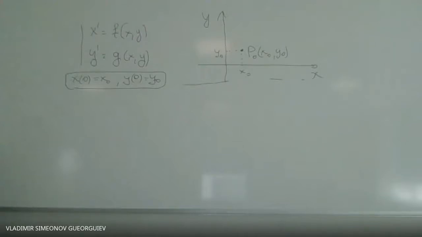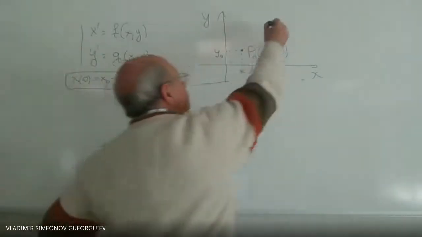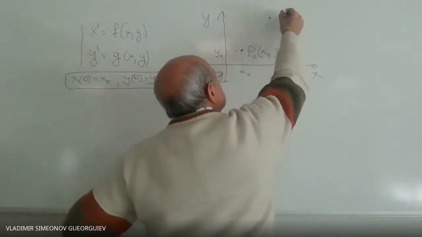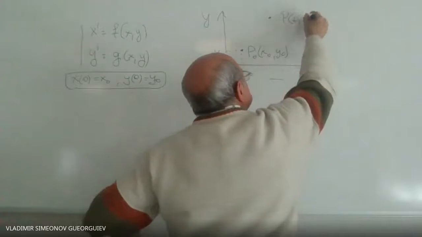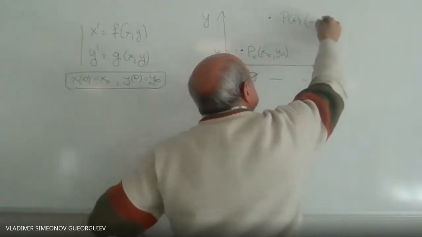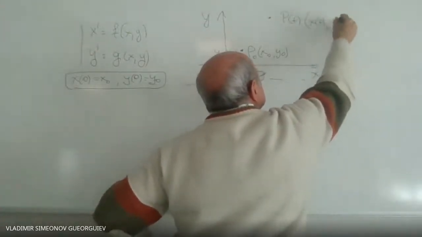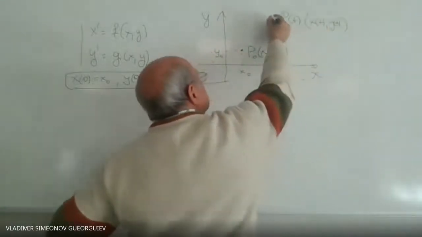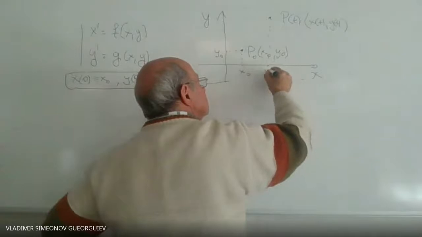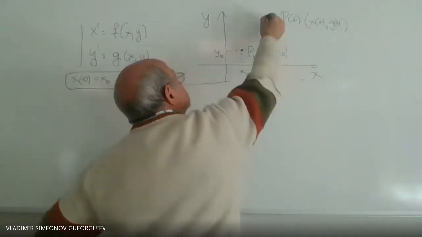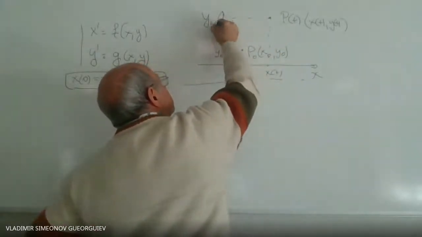So what is the purpose? Our purpose is to build, for example, at the time t, the point with coordinates x(t) and epsilon(t). This here is x(t), and this here is epsilon(t).